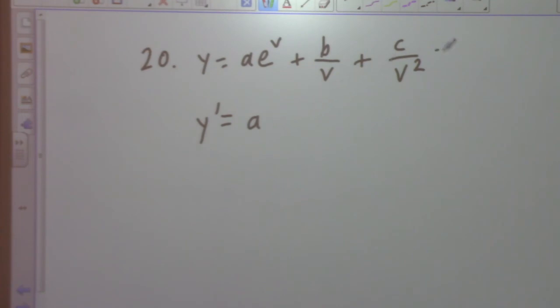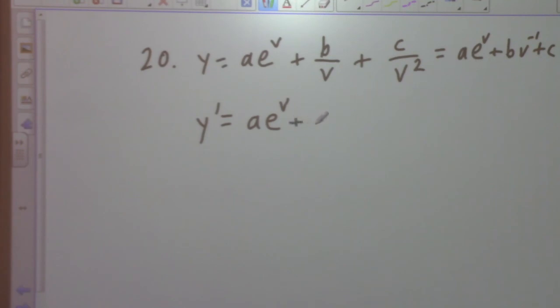Let me do the rewrite here: a e to the v plus b v to the negative 1/2 plus c v to the negative 2 power. So our derivative, which we put down as y prime, is a e to the v power. Nothing changes here. The derivative of e to the power of x is itself, which you may not have had a way of knowing.